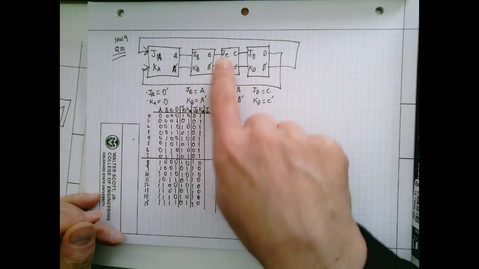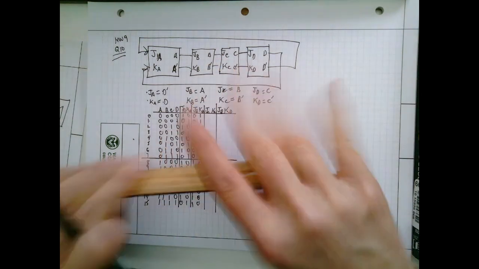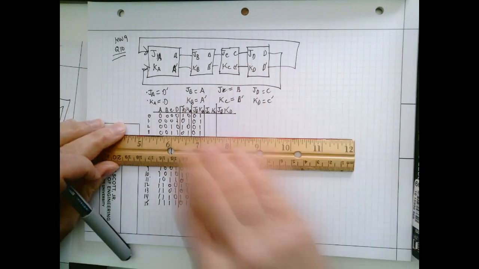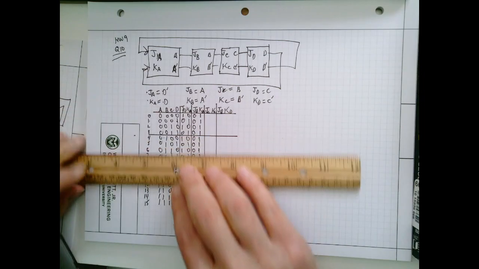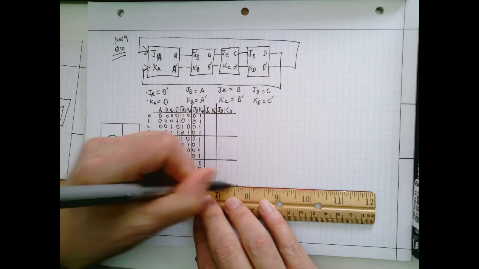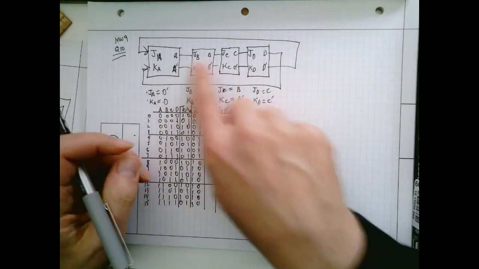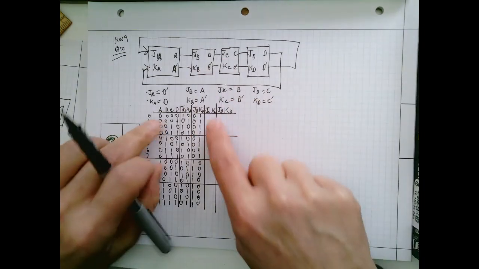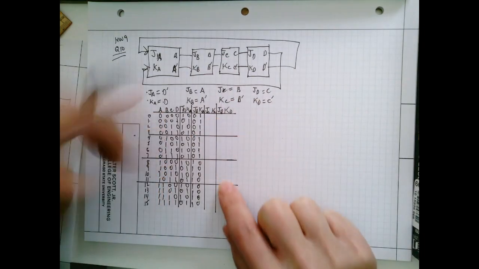And then J sub C is equal to B, and B is zeros all the way up through here, and it's ones, and then it's zeros again. So if J sub C equals B, and we see that B is 0 through here, then I get 4 zeros in a row.